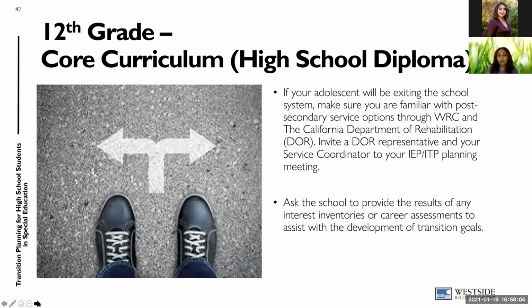So it's important to familiarize ourselves with the regional center support and also Department of Rehabilitation support, and make sure that we know what the services are that are available for them. Next.